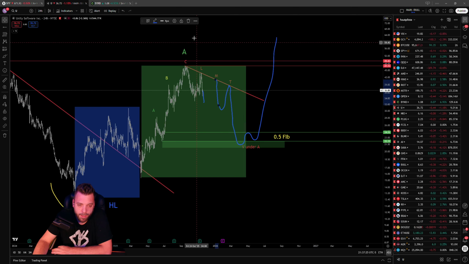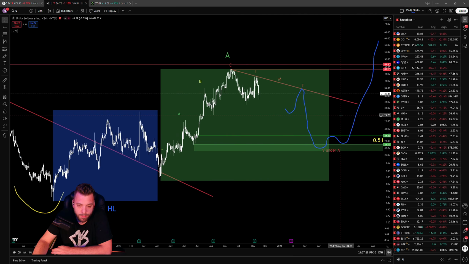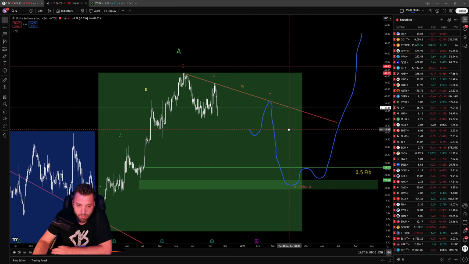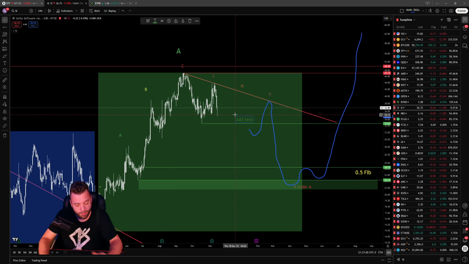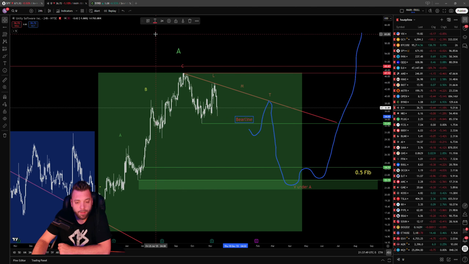For confirmation levels, I don't see a bounce here. I just don't. But okay, let's say here at 33, this is our B line, but also our reversal zone already.